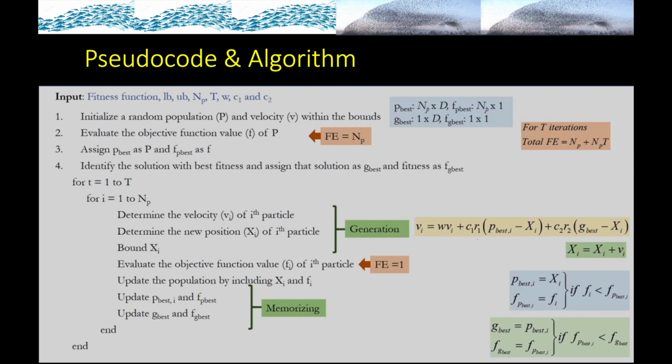The P best vector is basically P itself, and f of P best, the functional evaluation of that population P, would be each fitness value itself, the best fitness value of each individual in the population. And finally, we need to identify the global best value, and for that we'll use f of G best to determine the solution with the best global optimal value.